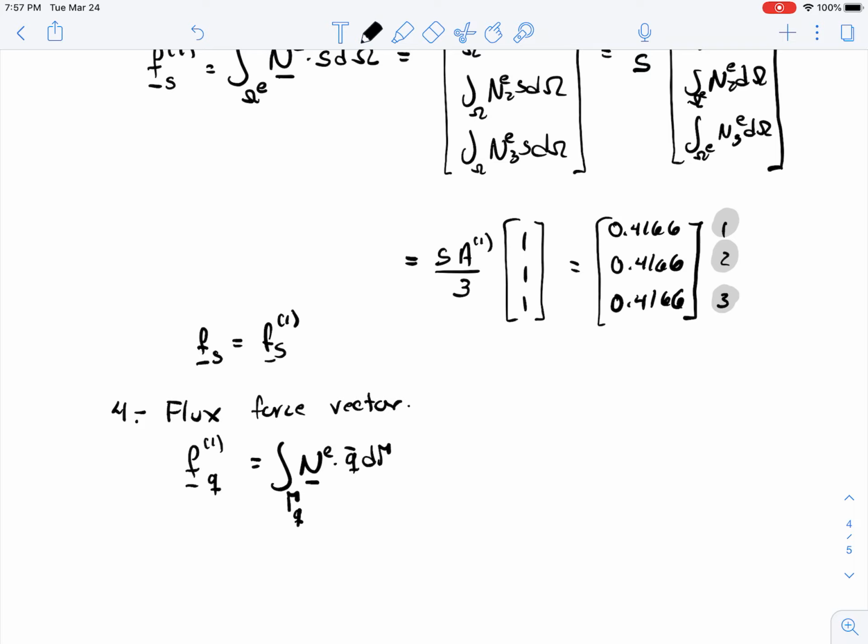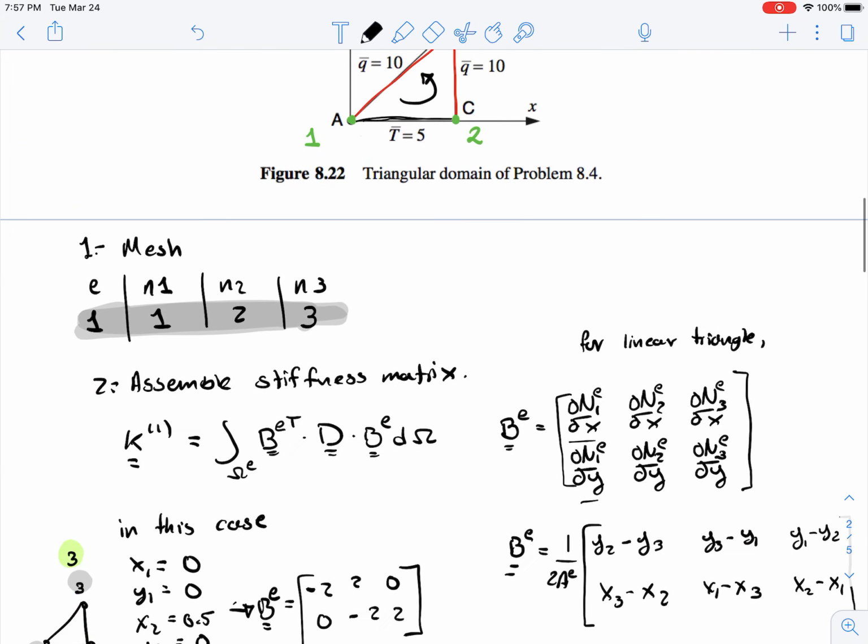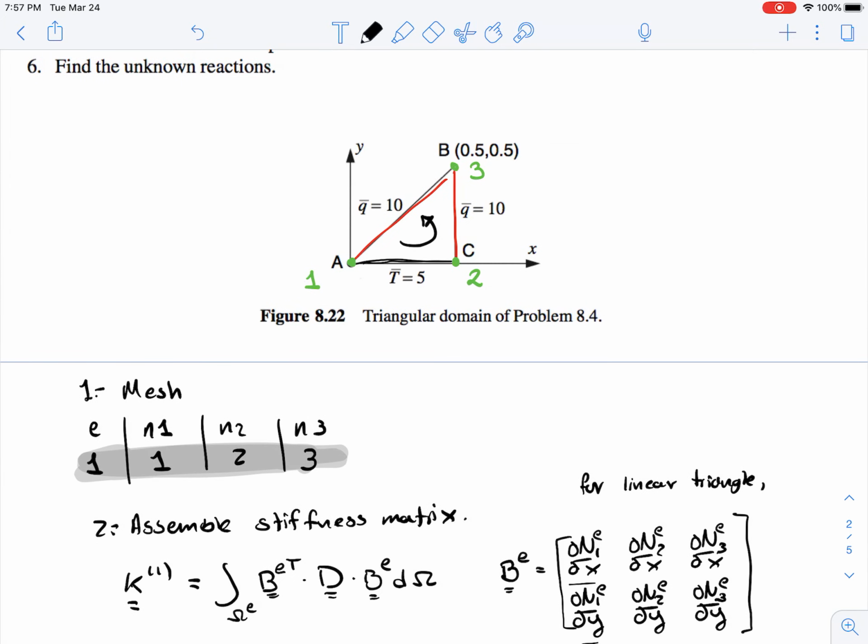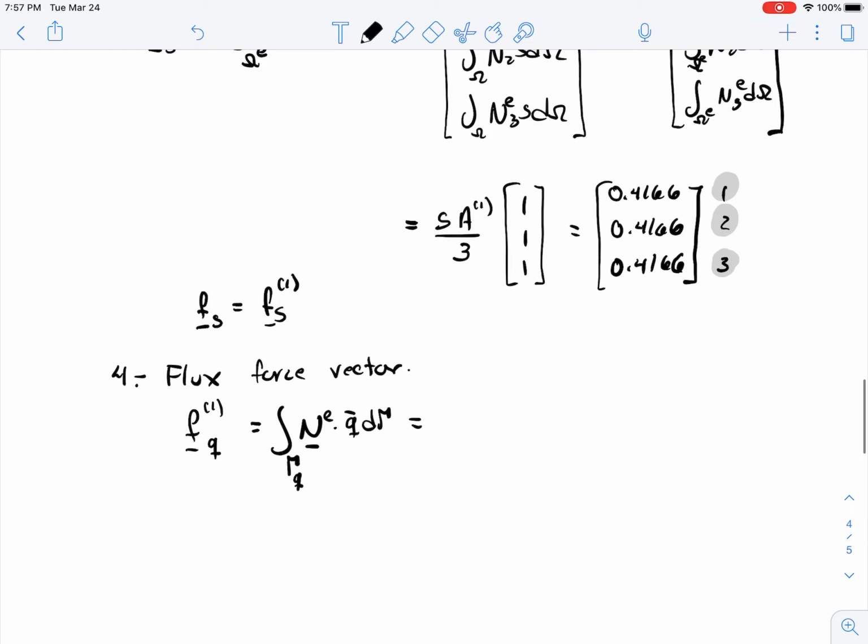And the only boundaries that count are the ones that have a flux applied to them. In this case, there are 2 edges of the triangle that have a flux. There's the vertical edge here, and then there's also this other inclined edge. Let me just call them left and right. So there are 2 edges that I need to do.